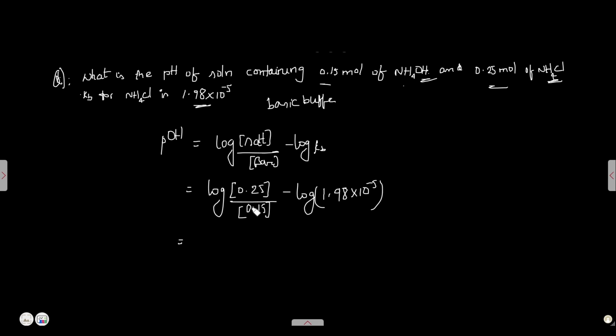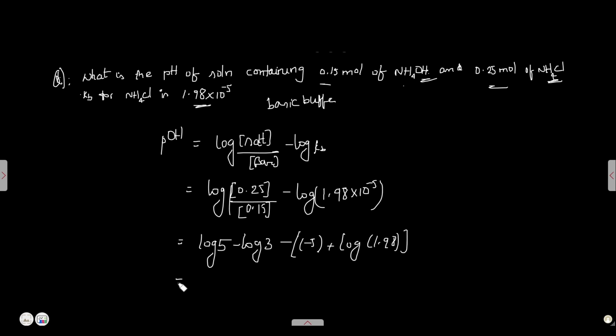Okay, when you remove these decimal points, you can simplify this particular thing like log of 5 by 3. So you can write directly log 5 minus log 3, and minus of minus 5, the whole thing is converted into plus 5 minus log of 1.98.